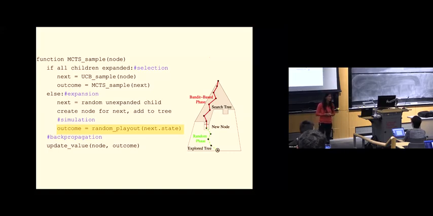Yes. The first line says if all children are expanded, then we do a UCB play. Does this mean we've seen at least one rollout from all of the children? Yeah, right. So this is just a detail, guys. The UCB criterion, if you remember, has N(s,a) in the denominator, which is how many times you have selected a particular action.